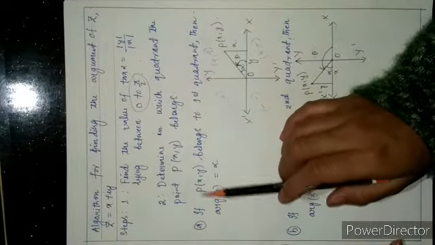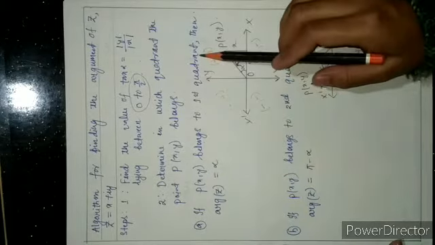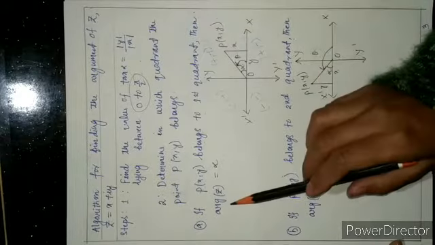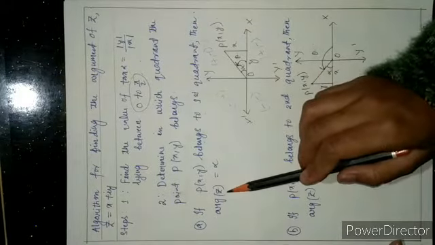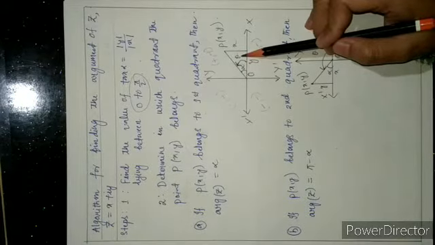Roman number 1. If the point P(x, y) belongs to the first quadrant, then the argument of z, theta, is equal to alpha.